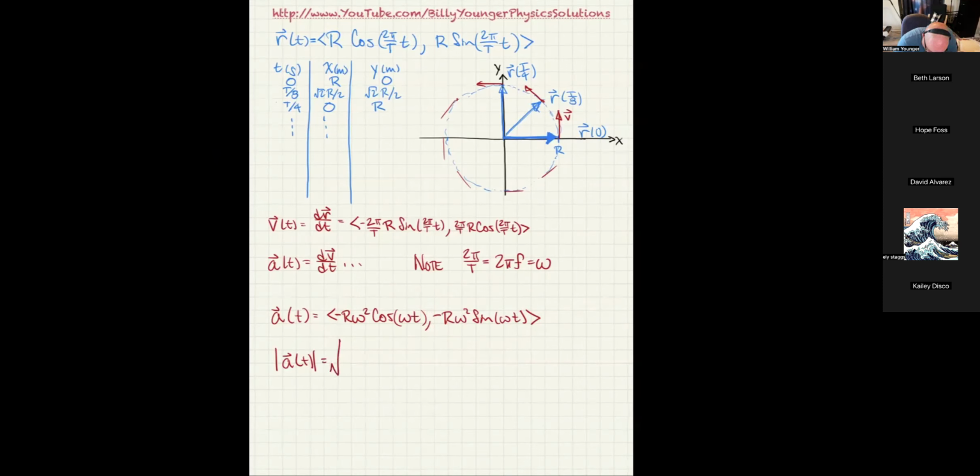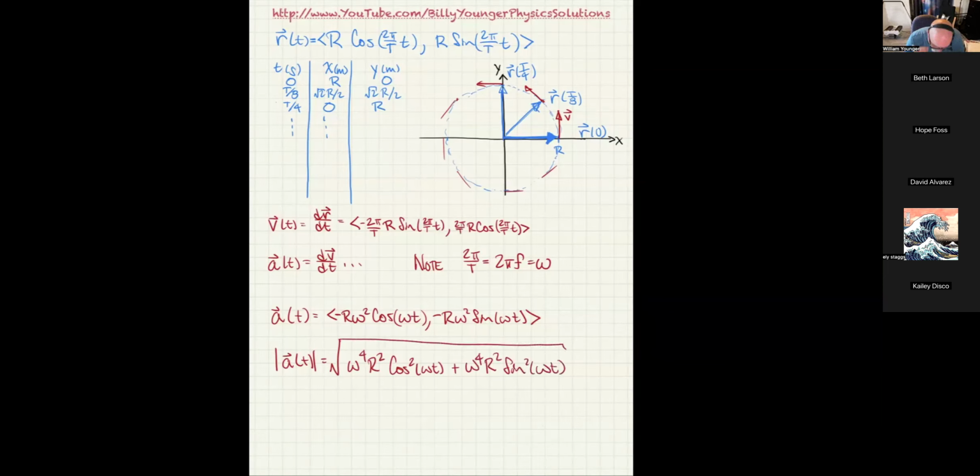So I'm going to put the square root right here. When I square that, I get omega to the fourth r squared cosine squared omega t plus omega to the fourth r squared sine squared omega t.